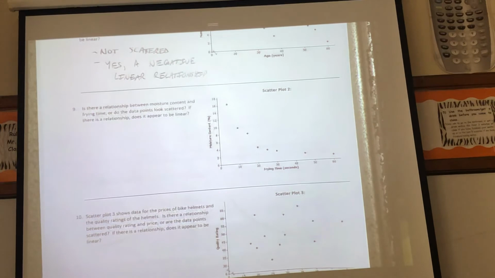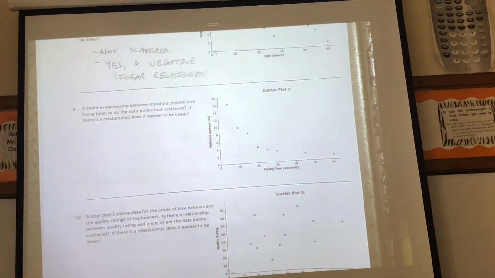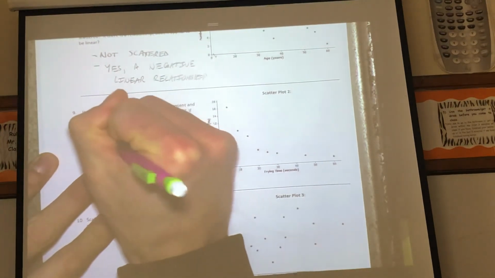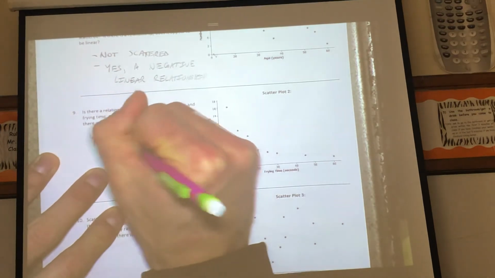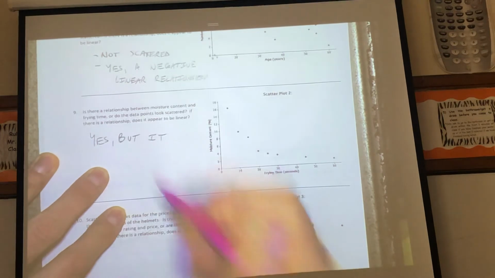Now, one of the graphs that we worked with was exponential. So I would say there is a relationship because it does form a shape, but I wouldn't say it's linear. So I would say yes, but it is exponential. And in this case, it would be exponential decay.